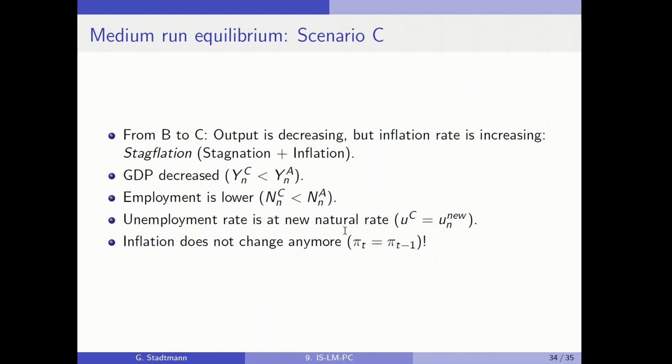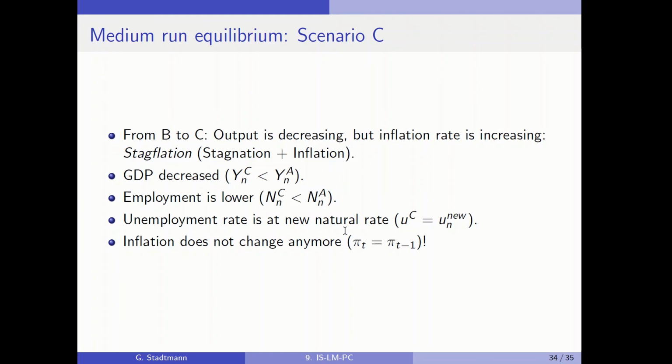Let's also summarize the medium-run equilibrium, the scenario C. From B to C, output is decreasing, but the inflation rate is still increasing. So we are living in a scenario which is called stagflation. So stagnation and inflation.